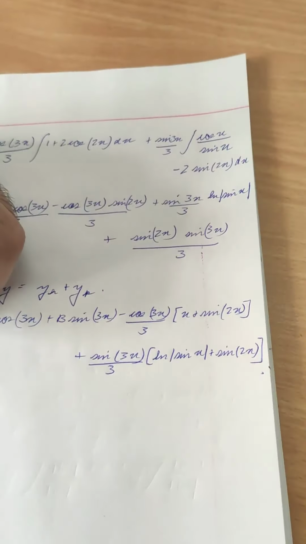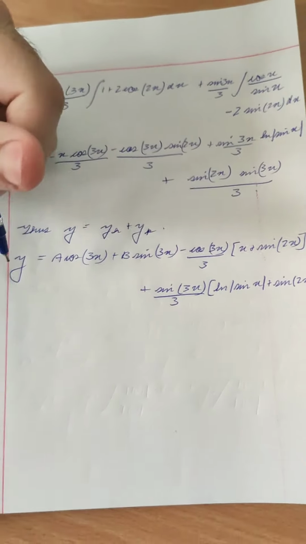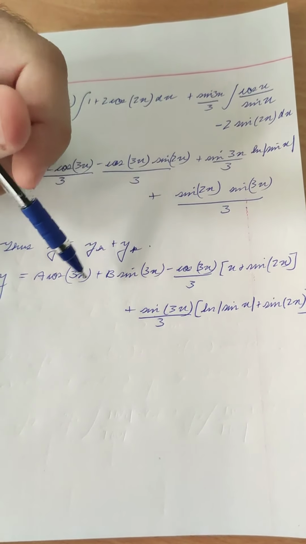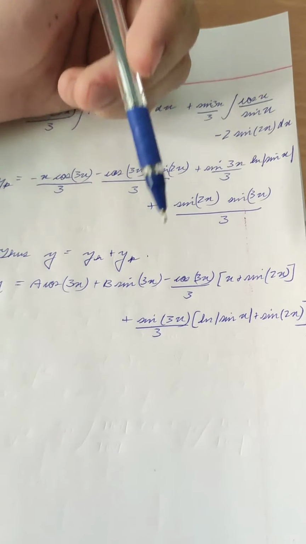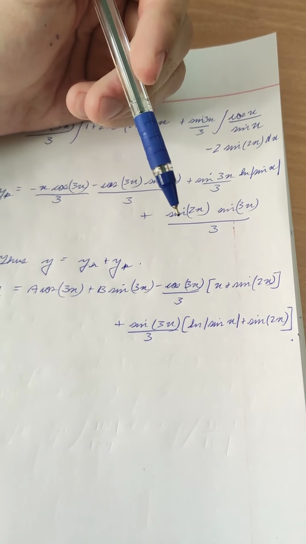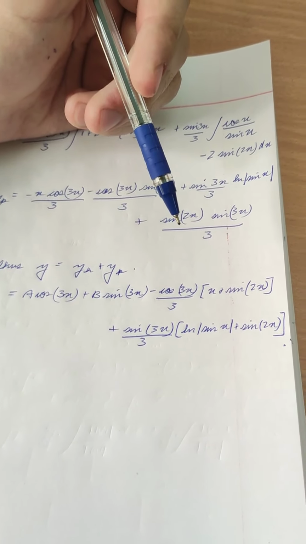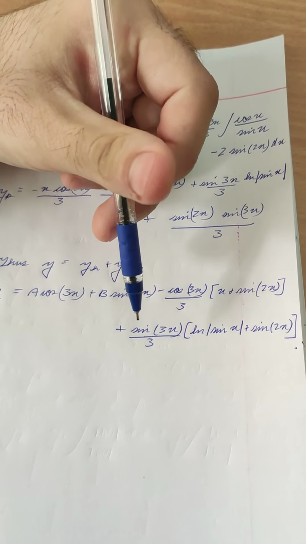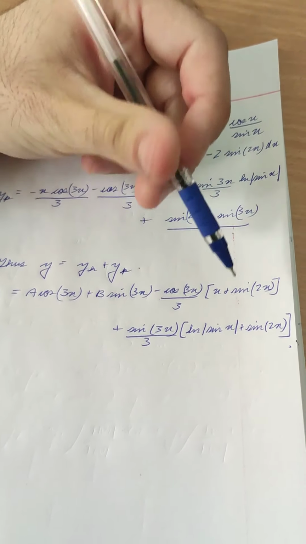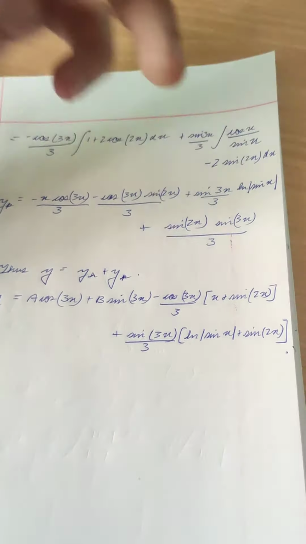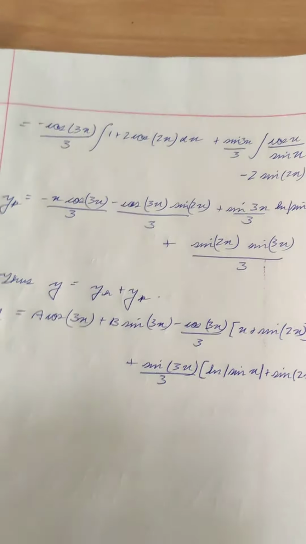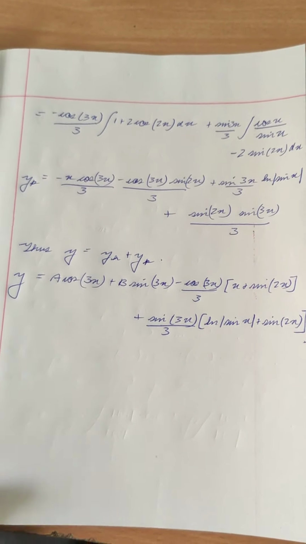So this is basically our solution, our y. Let me just check whether this is correct. a cos 3x, b sin 3x, minus cos 3x by 3 x plus sine 2x, plus sine 3x by 3 natural log sine x plus sine 2x. Okay, this seems to be correct. So thus we come to the final solution.